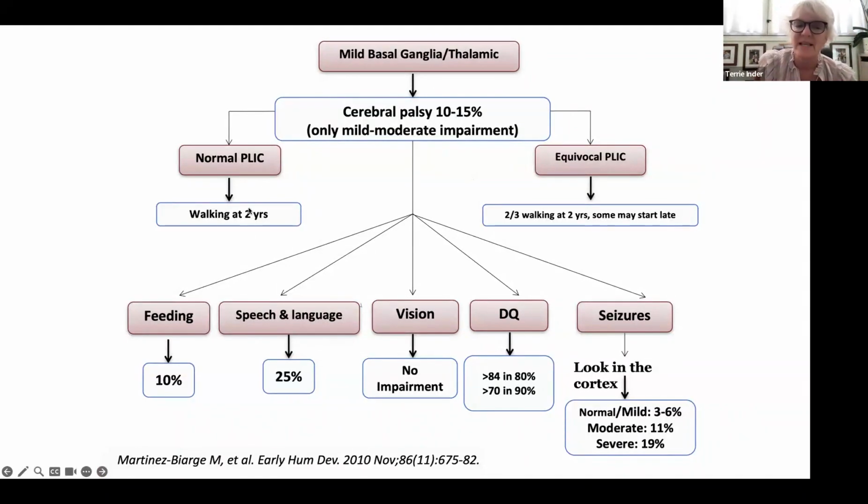So if the PLIC is intact, they'll walk by 2. If it's not, if it's a bit equivocal, they will have a good chance, but they may be delayed. And then they can also have the typical problems that we see with basal ganglia injury, but if they have them, which is not as common, they're likely to be in the milder range.